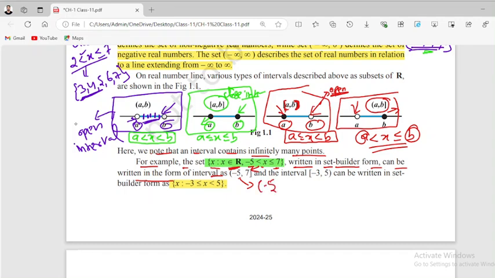This bracket represents the open end, and this sign is for the closed end. This sign is used for the open value, and this less than or equal to represents the close.